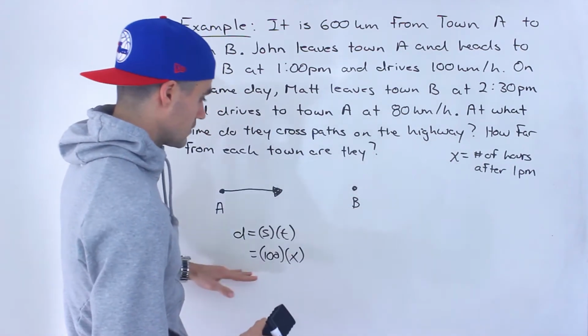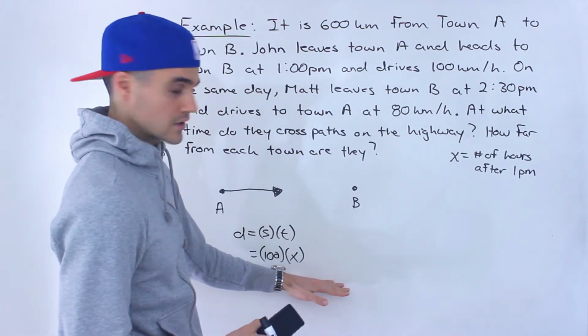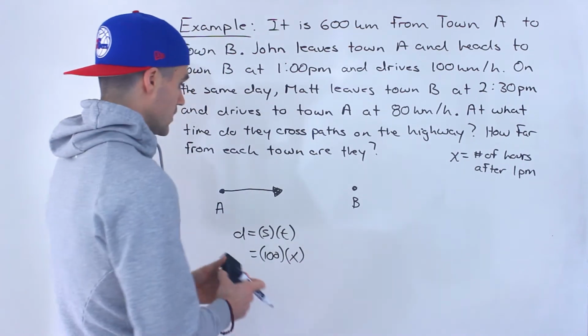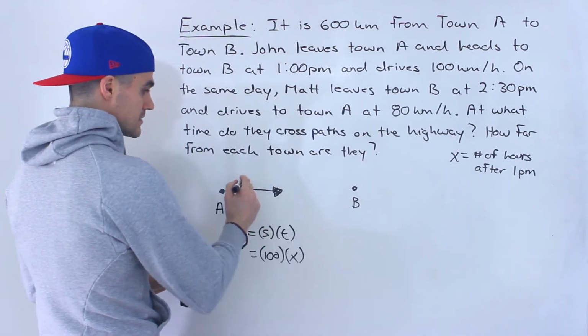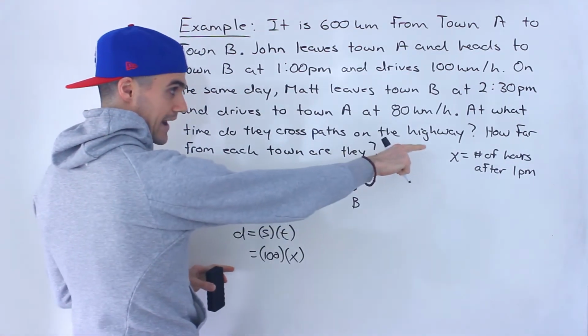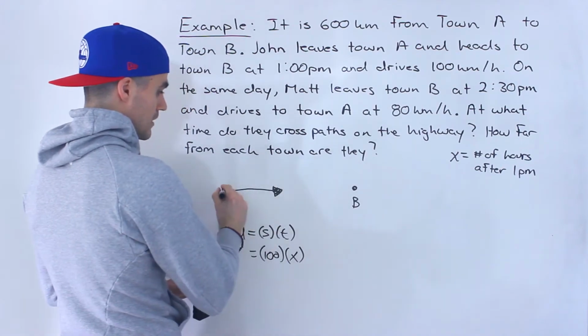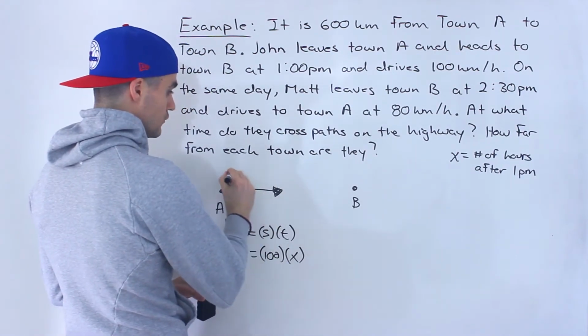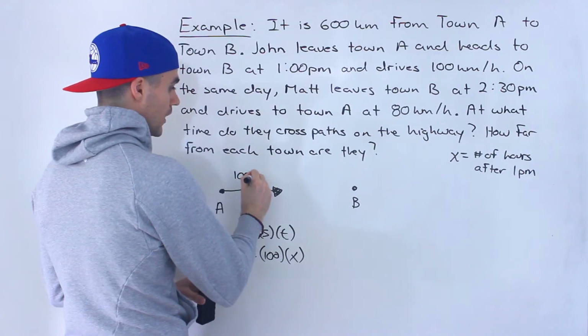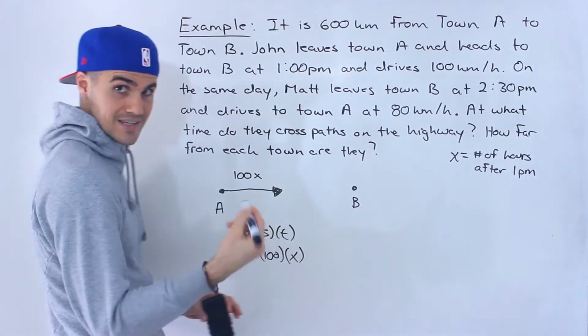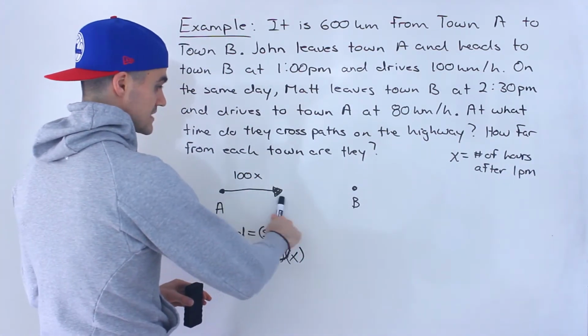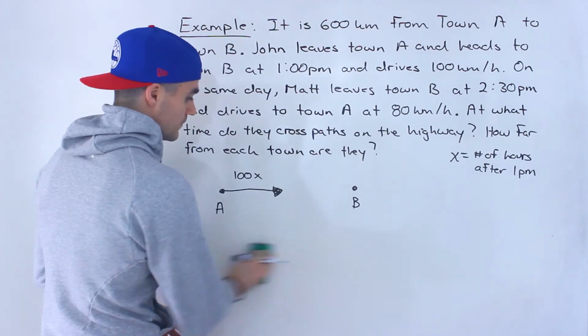Plug in 2 here, he drove 200 kilometers. So the distance John drove at any number of hours after 1 p.m. is going to equal 100x. That's the expression for the distance John has driven.